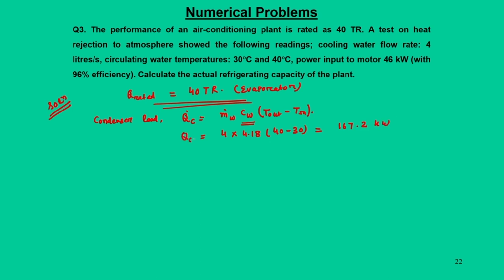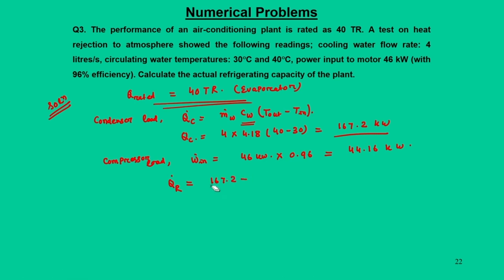For the compressor load, W dot in is given as 46 kilowatt into its efficiency 0.96. This number is 44.16 kilowatt.